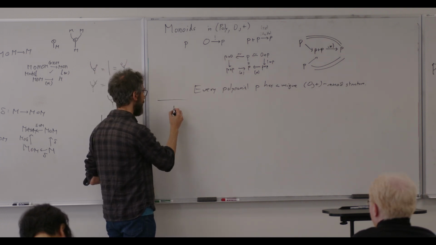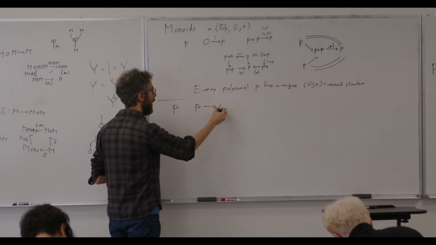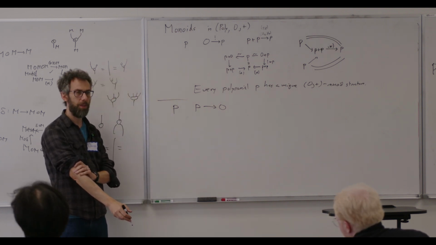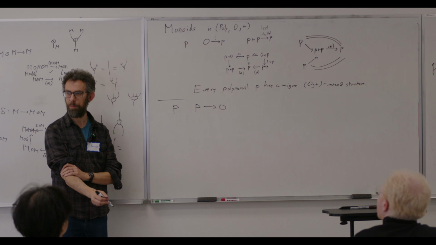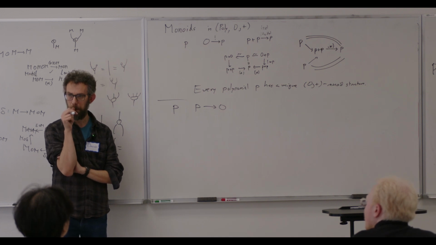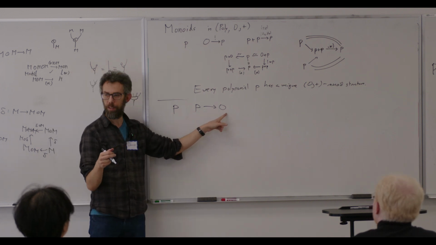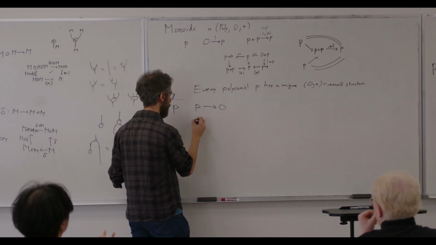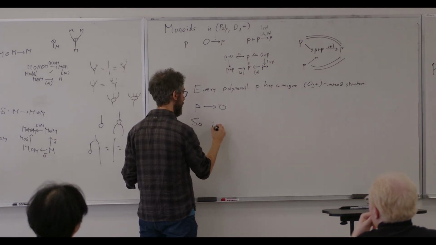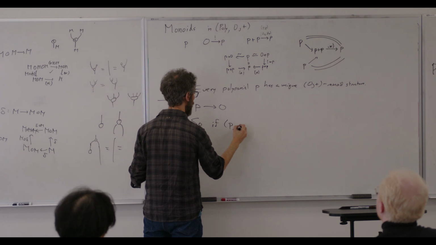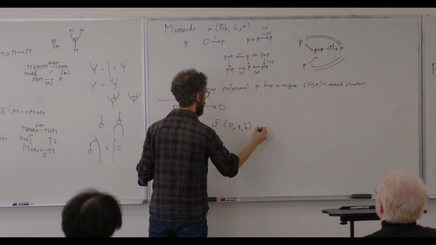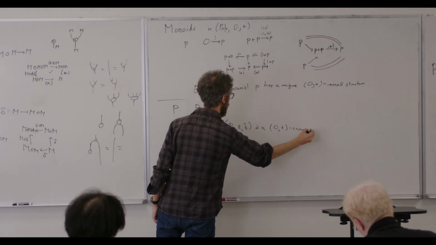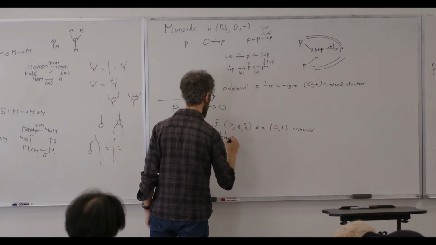A plus comonoid would be a polynomial and a map to 0, plus some other stuff. So what polynomials map to 0? Well, every position here needs a position here. So the only one is, so if p, like epsilon delta, is a 0 plus comonoid, then p is very interesting.